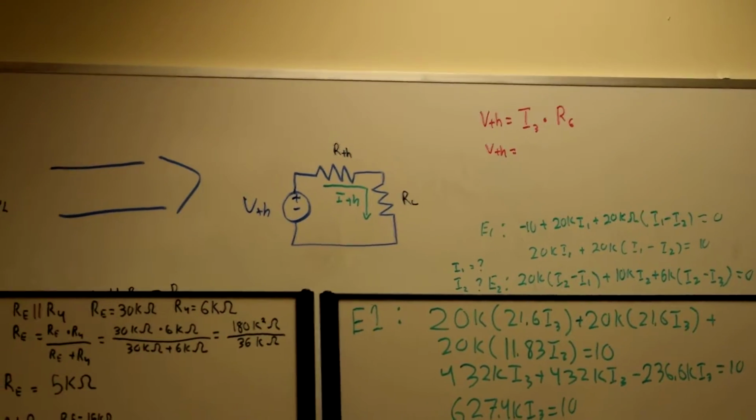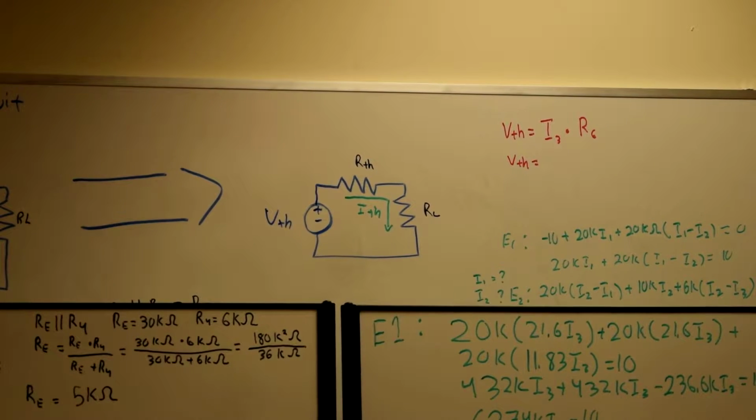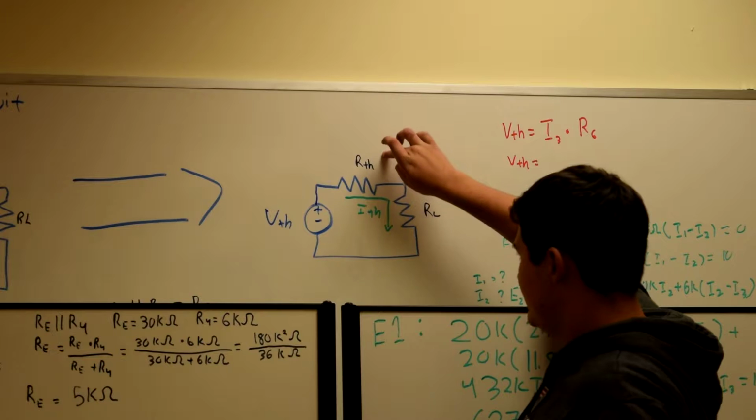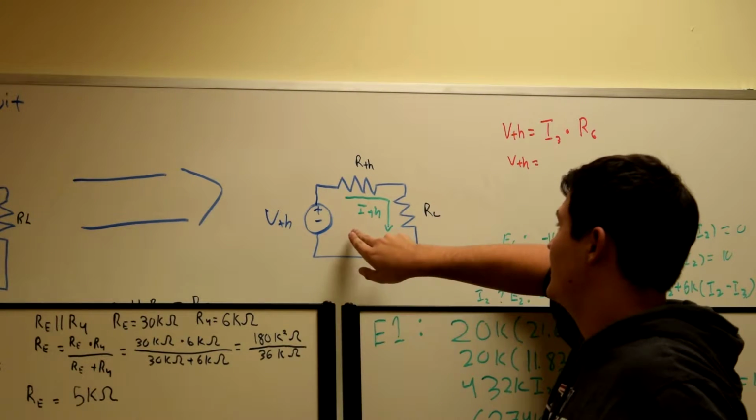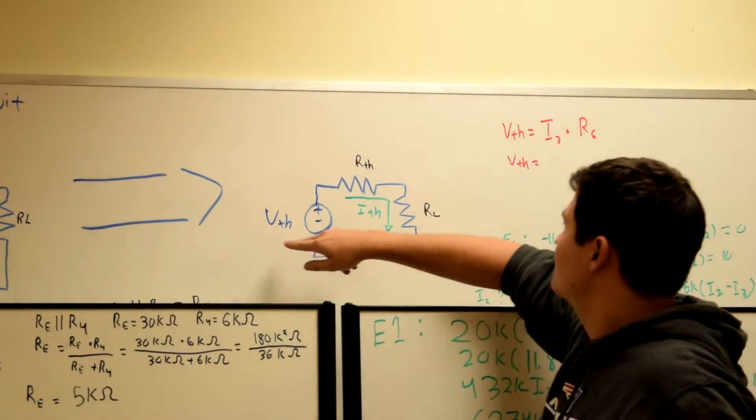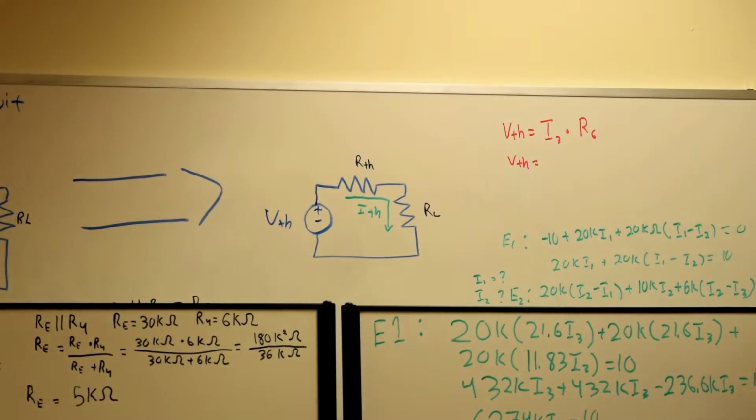Let's go over what I've hit so far, where we're at and what we're looking for. We have RTH, we have RL, we need VTH or ITH. We can solve for VTH right now, so that's what we're going to do.